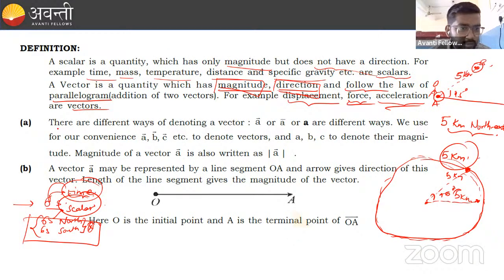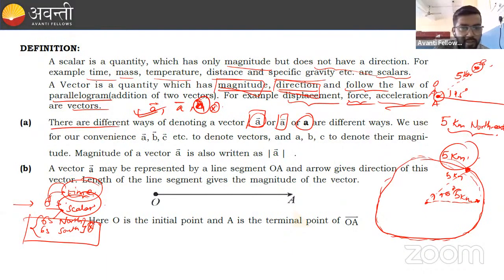So let's move ahead. There are different ways of denoting vectors: a bar. You can write a vector like this also. You cannot write the bold A everywhere, right? So let's not try to use it.